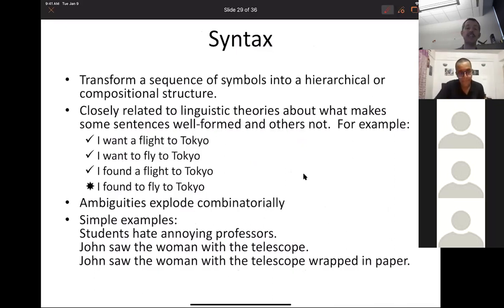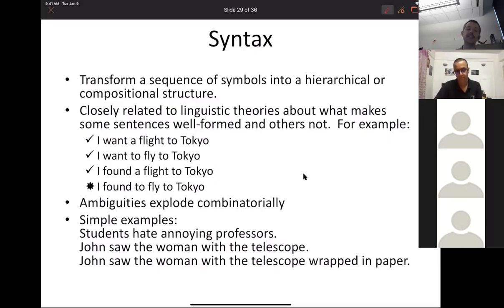So "I want a flight to Tokyo" is good. "I want to fly to Tokyo" is good. "I found a flight to Tokyo" is good, but "I found a fly to Tokyo" is bad. So there's something that explains how this difference arises.